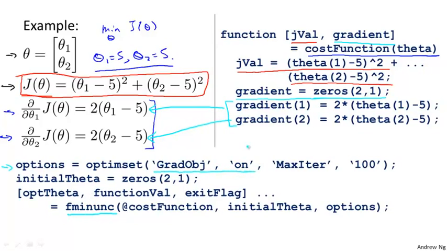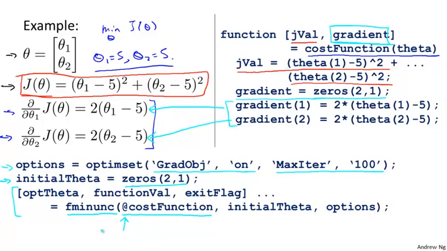It just means that you are indeed going to provide a gradient to this algorithm, and we're going to set the maximum number of iterations to, let's say, 100. We're going to give it an initial guess for theta. This is a 2 by 1 vector, and then this command calls fminunc. This @ symbol represents a pointer to the cost function that we just defined up there.